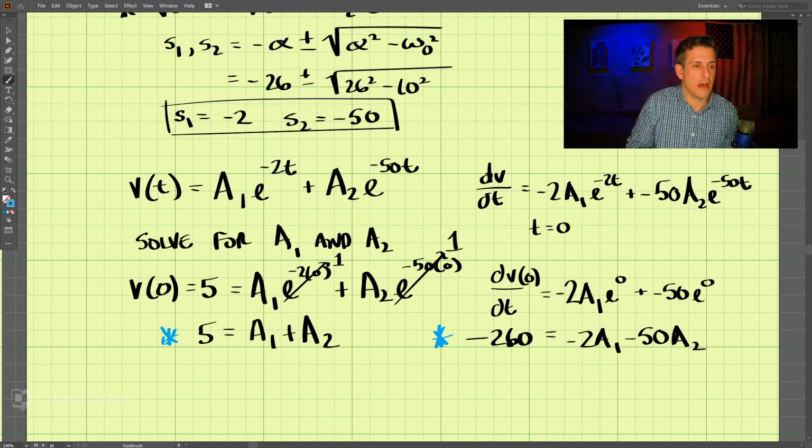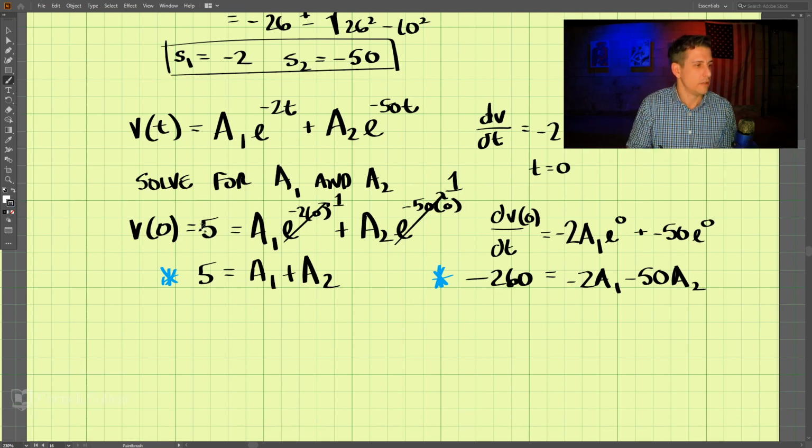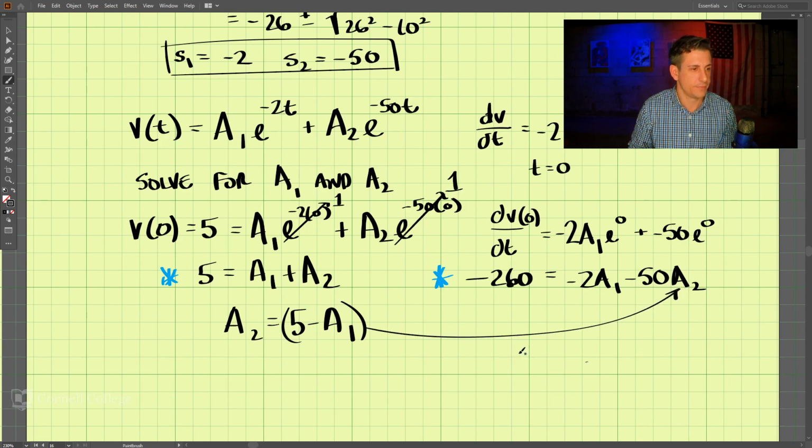So what we have, if we solve here, A2 is equal to 5 minus A1, and we'll put that into our A2 over here.